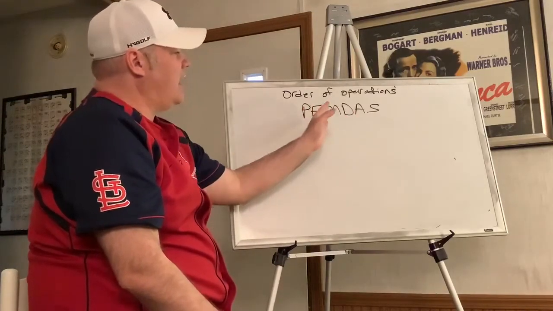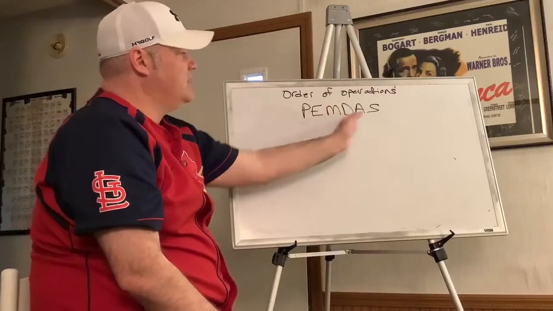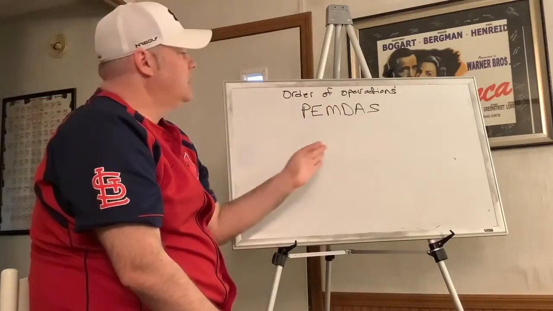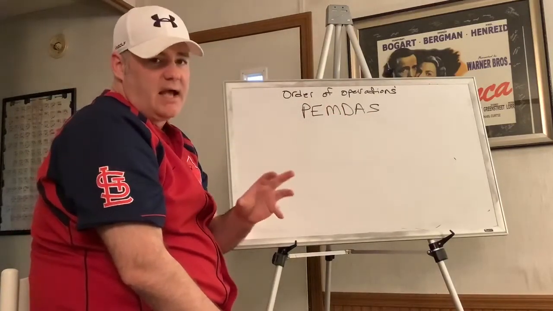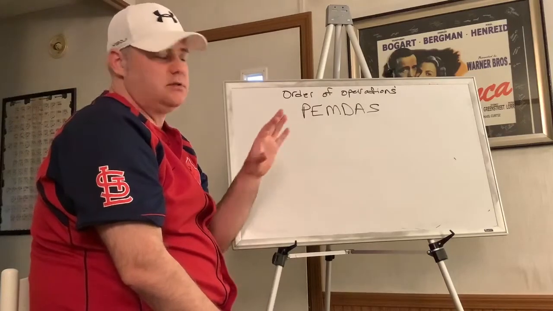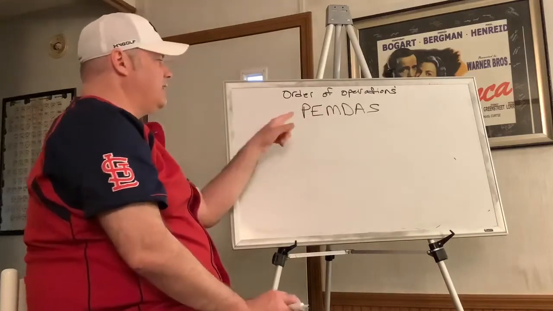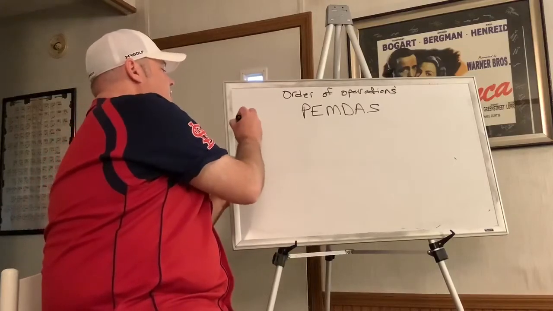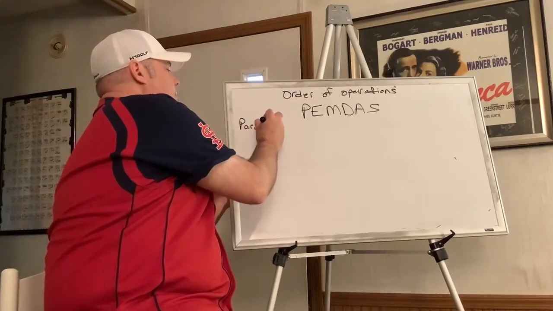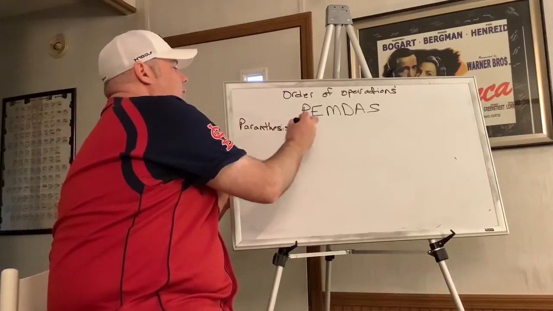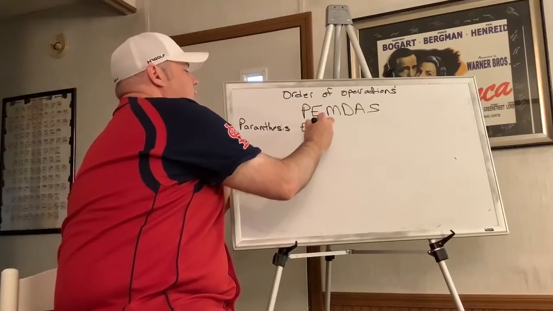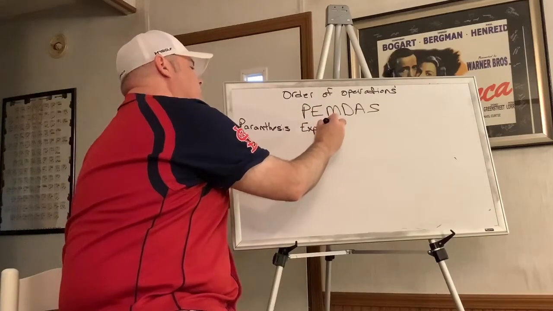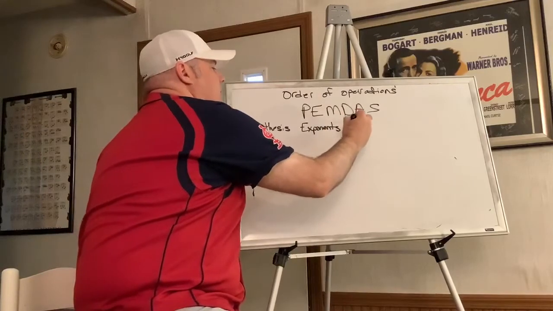There's just one key element that I want to make sure, if we use this way of doing it, PEMDAS, that we keep one key fact definitely in order to make this work. But what this stands for is parentheses. And I'm going to write this in a special way. Exponents, if I can spell correctly.